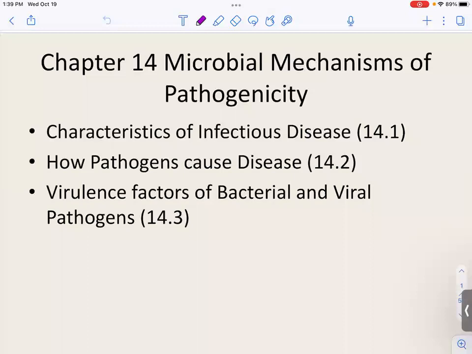All right, so chapter 14 really and 15 both are describing the process of infection and what microbes need to do to be successful to establish an infection. So I use a lot of examples of diseases. Okay, don't worry about the individual diseases for now, just concentrate on the principle that I'm talking about.